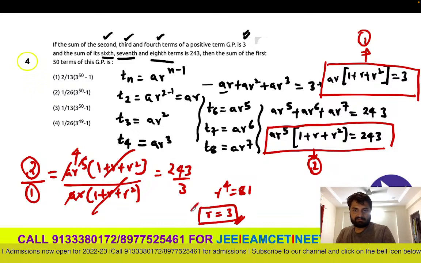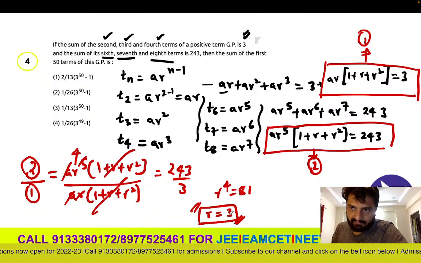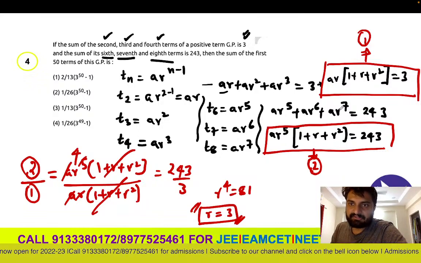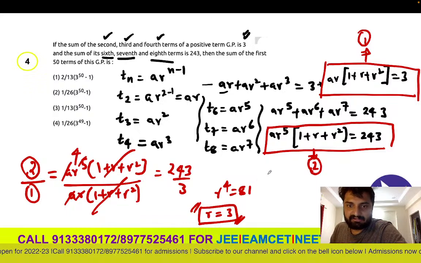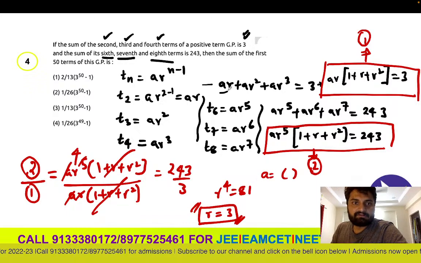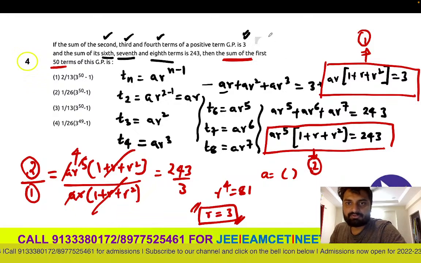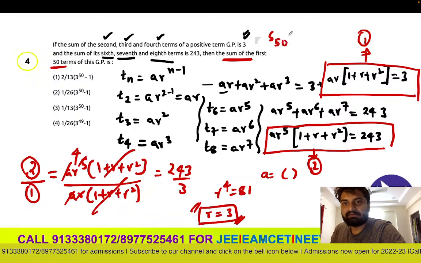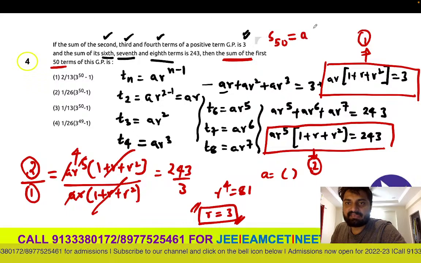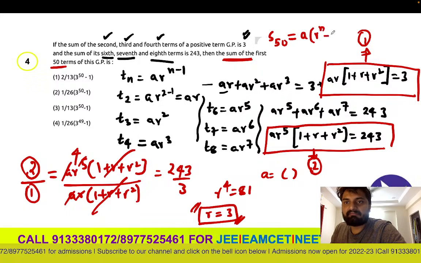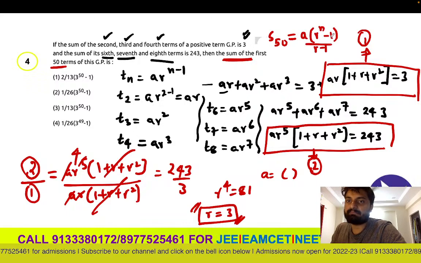Now I know R value is 3. Right? I can substitute in the first equation. I will get my A value. Now they are asking you the sum of first 50 terms. So S50, that I can write as A into R power n minus 1 by R minus 1.